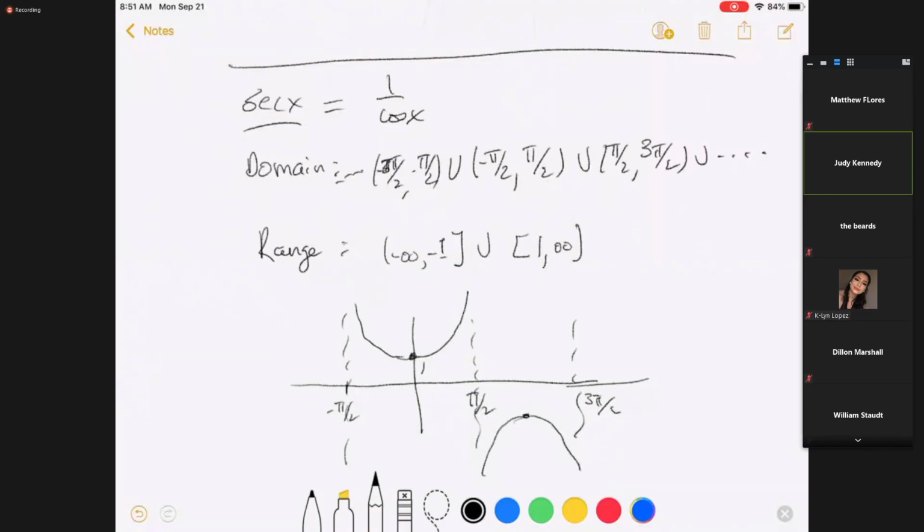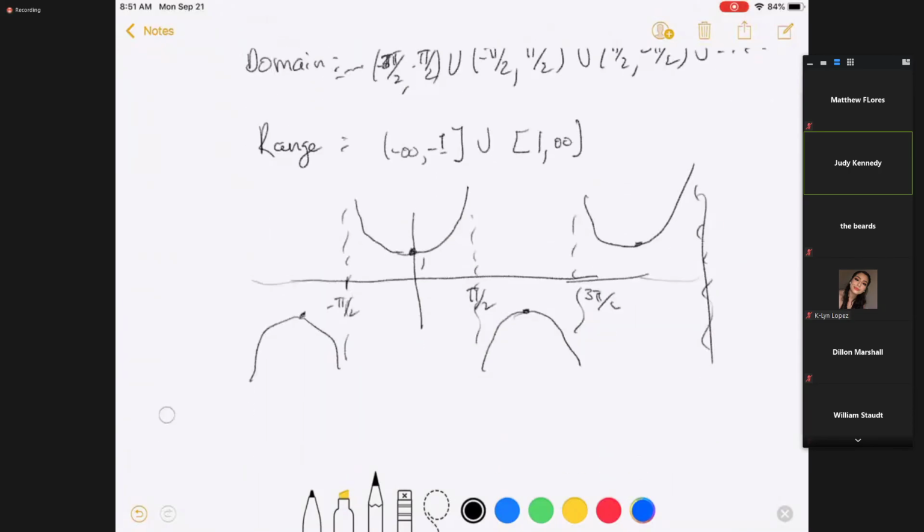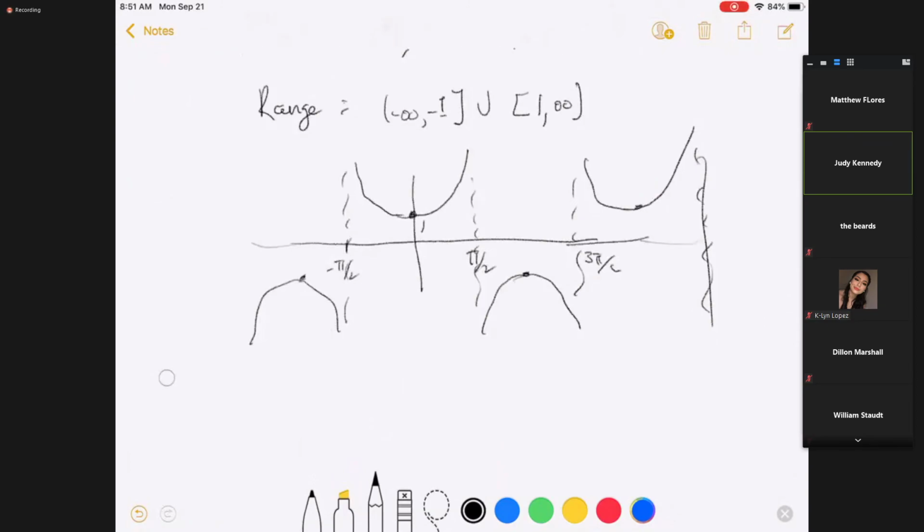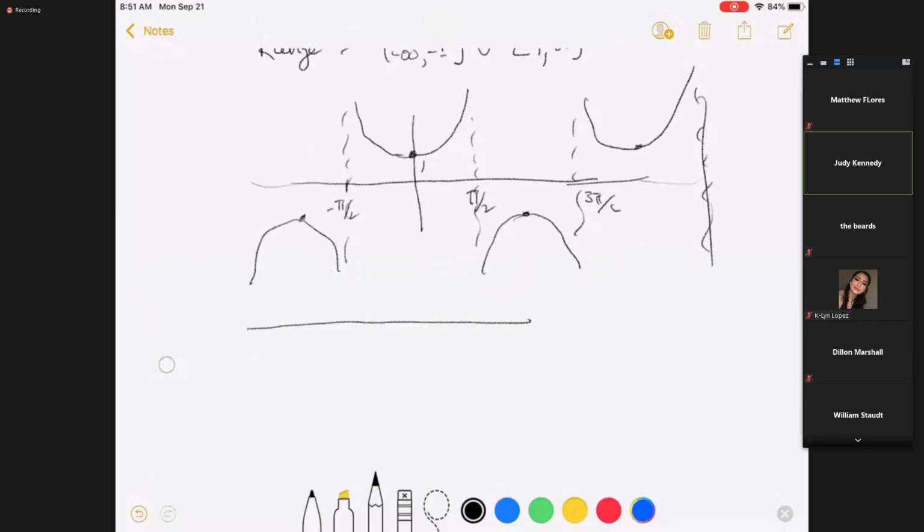Comes down. Over here, it's one of those. And in the next one, one of those. So it looks like that. Okay, periodic. Vertical asymptotes. And the cosecant is just that shifted over.